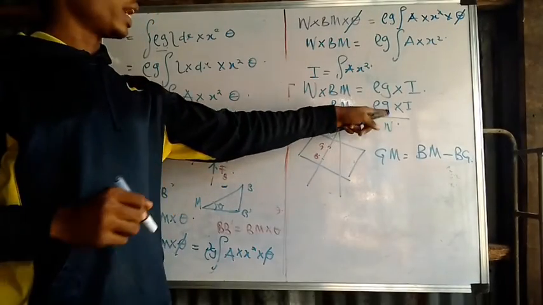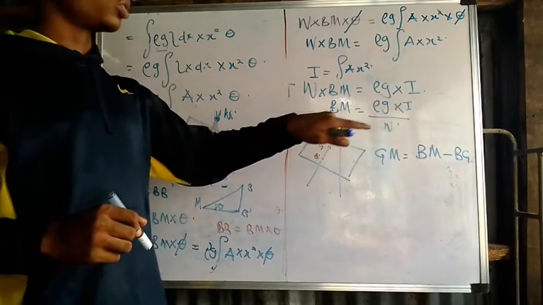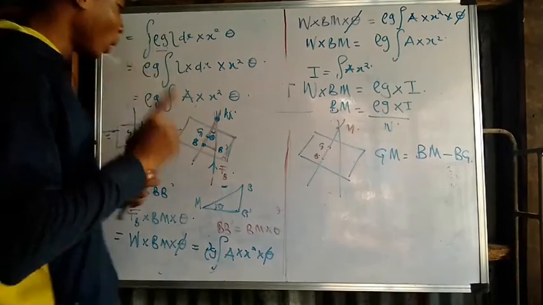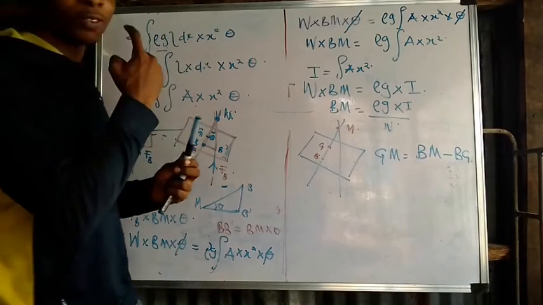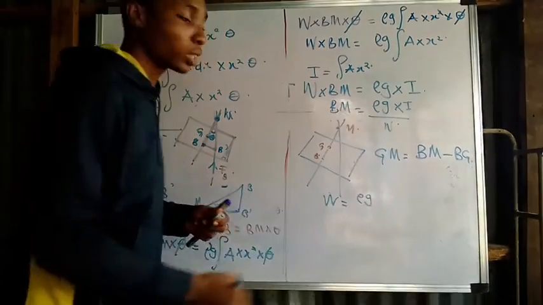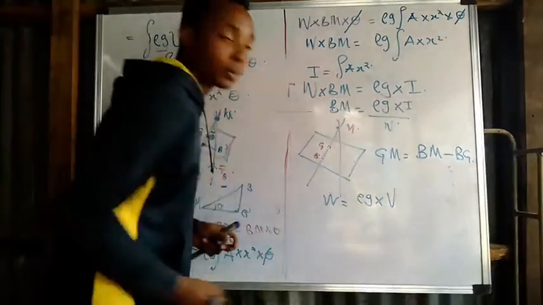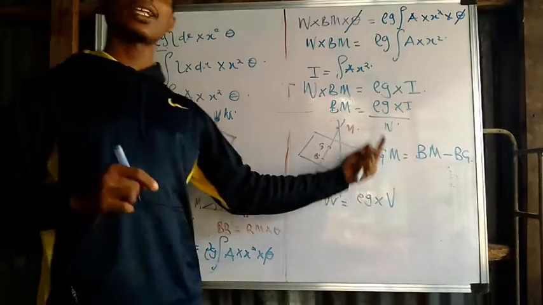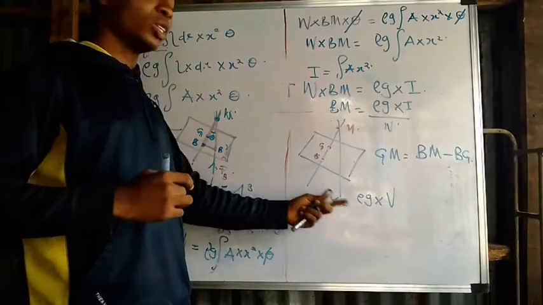So since BM is equal to density times acceleration due to gravity times I divided by the weight of the body, what's the weight of the body? We calculated from the beginning of the video that weight is equal to density times acceleration due to gravity times volume. Density times acceleration due to gravity is the weight density. So weight density times the volume of a particular body gives the weight of the body.